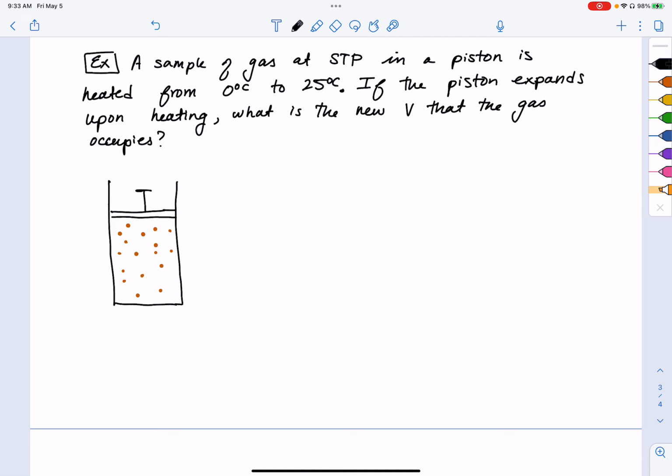Okay, so there's a couple of things to know about standard temperature and pressure. So remember, standard temperature is 0 degrees C, which is 273.15 Kelvin.